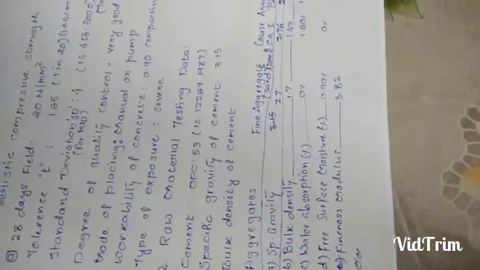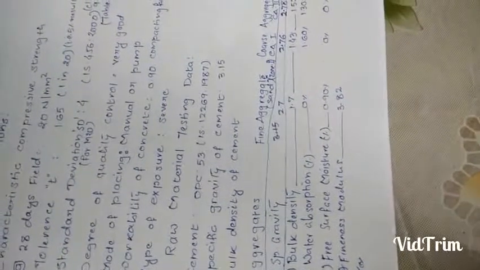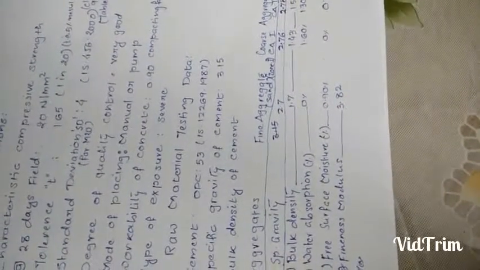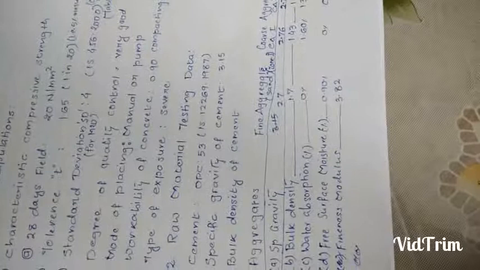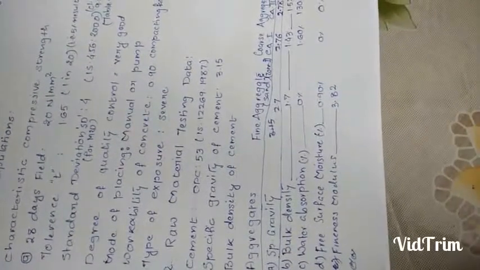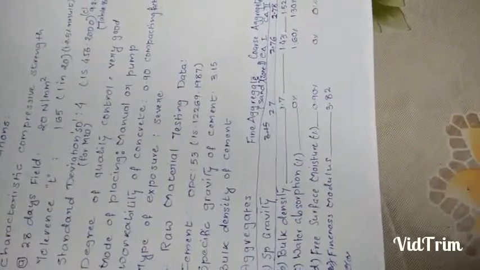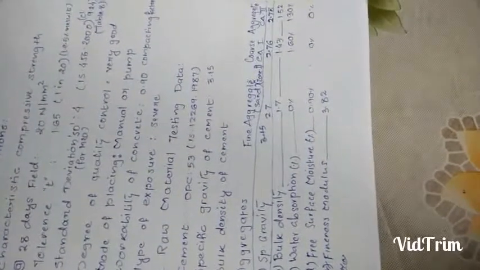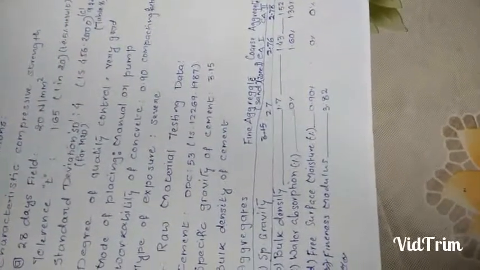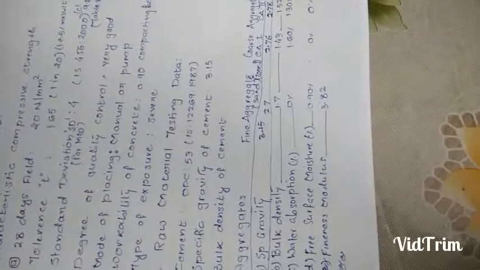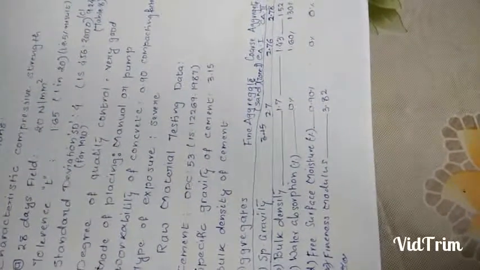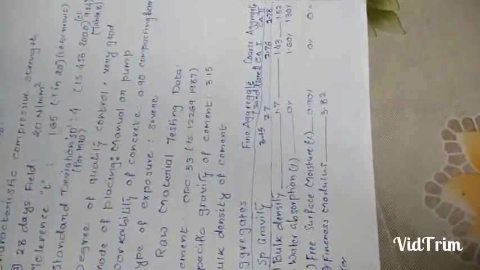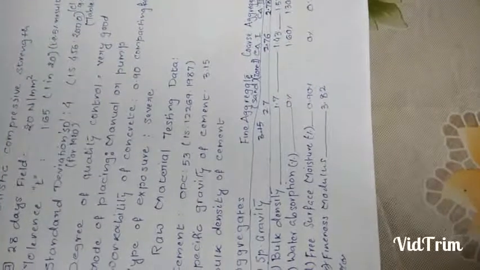So first you can pause this video and write down the data peacefully. First is specific gravity of fine aggregate, that is 2.7, coarse aggregate CA1 2.76 and CA2 2.78, and bulk density of fine sand is 1.7, CA1 is 1.43 and CA2 is 1.52, right?